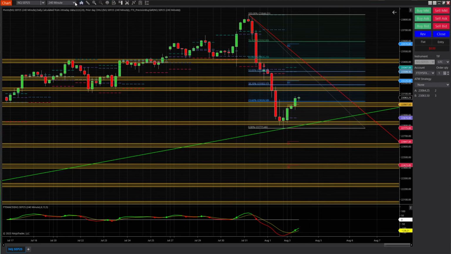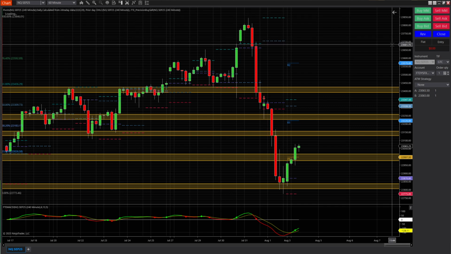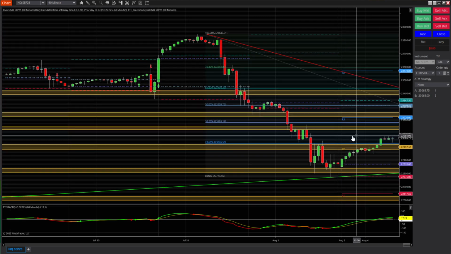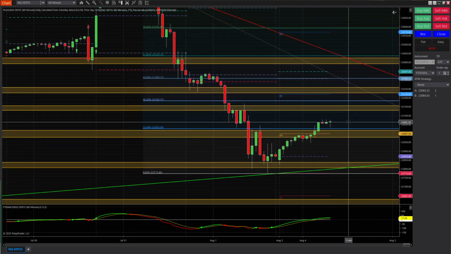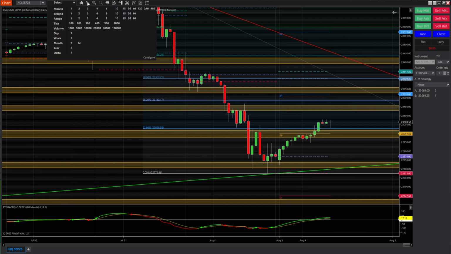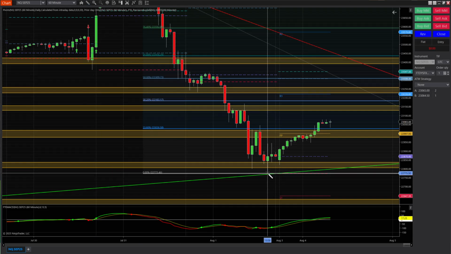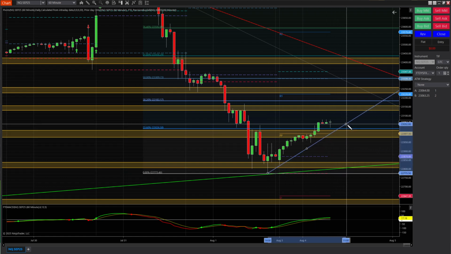We're going to go down to the 1-hour chart now and look at this now that we put those lines in. Okay. So let's go back and get a ray. We're going to put in another trend line here.